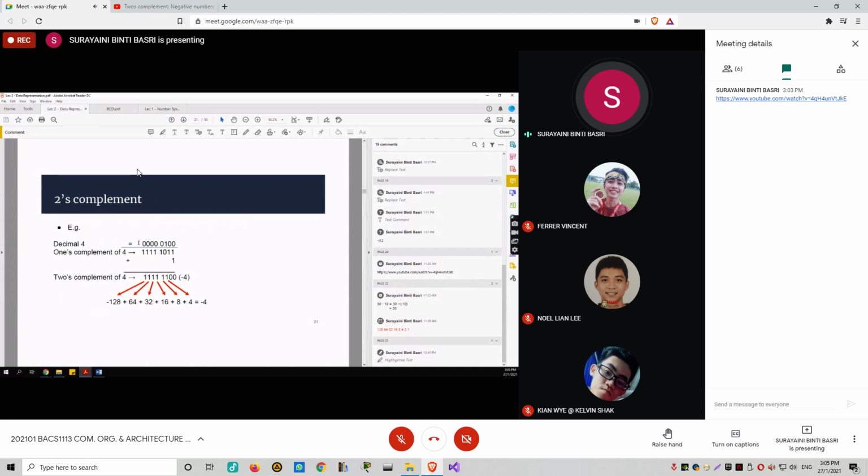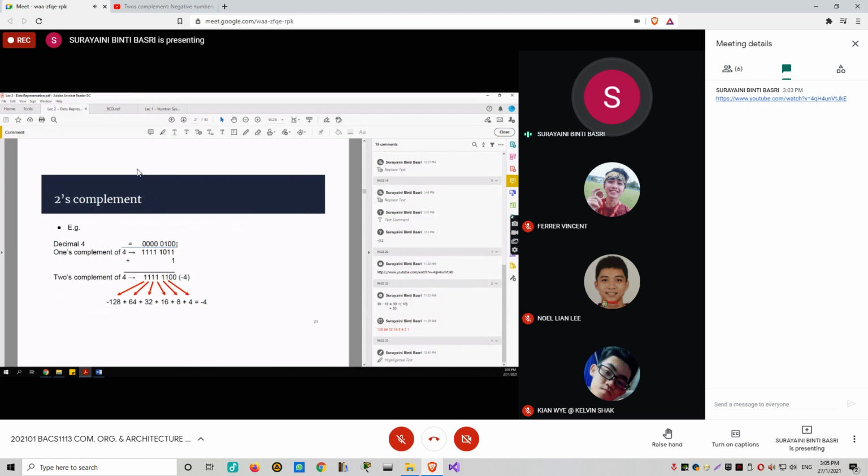Let's say you have the number 4 in decimal, and when we change it to a binary number, we get this, with 8 bits here, because 1 byte is equal to 8 bits. So when the computer stores number 4, it will store it like this.